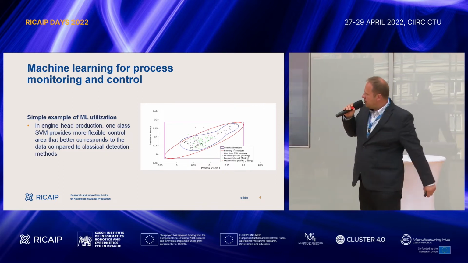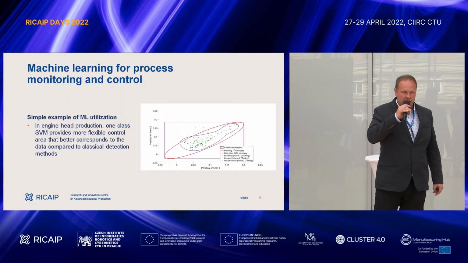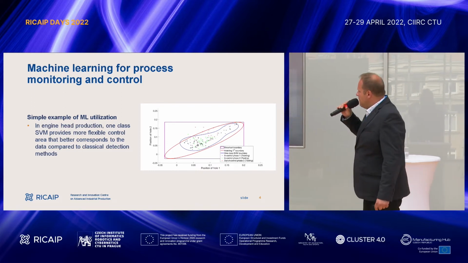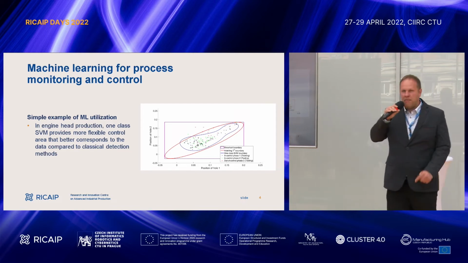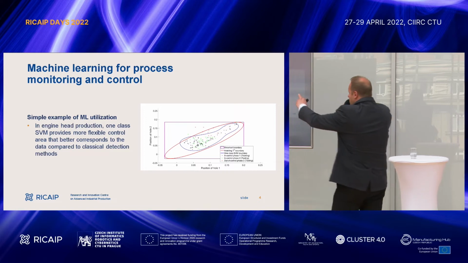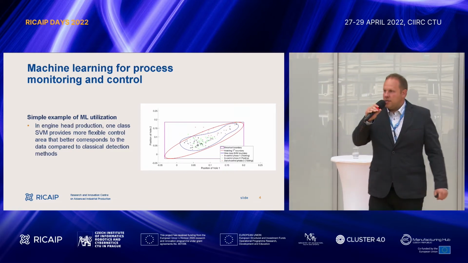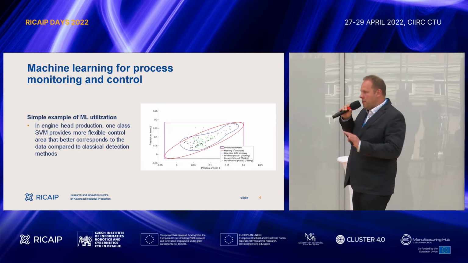Here on the right side, you can see some data for two quality characteristics in a scatter plot. Probably you can't see the colors of the data, but it doesn't matter. In the center, you can see the in-control state data, where there was no problem with the process.